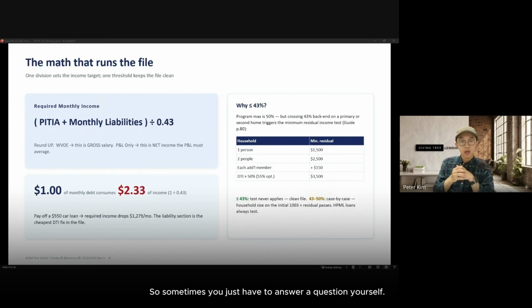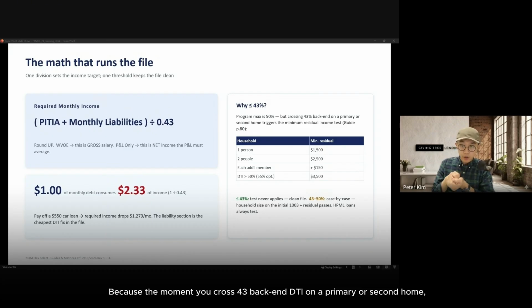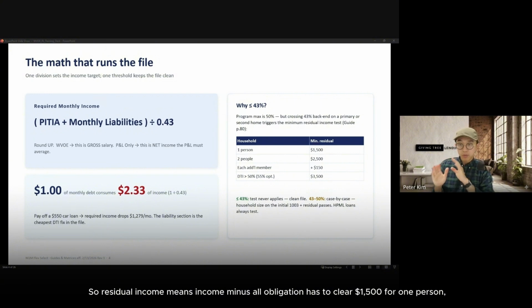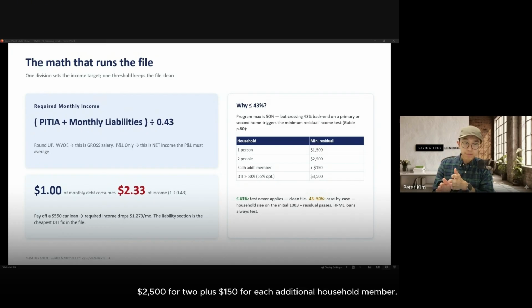Sometimes you just have to question yourself: why 43 when the program allows 50? Because the moment you cross 43 back-end DTI on a primary or second home, the guideline switches to the residual income test and the pricing add-ons. Residual income means income minus all obligations has to clear $1,500 for one person, $2,500 for two, plus $150 for each additional household member.